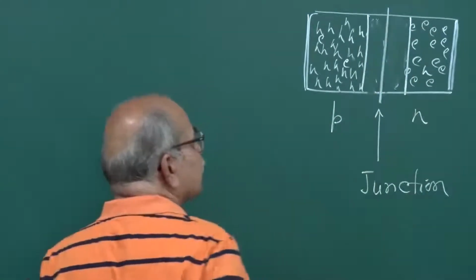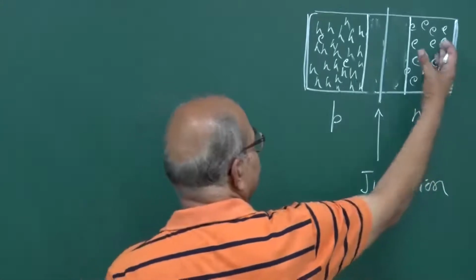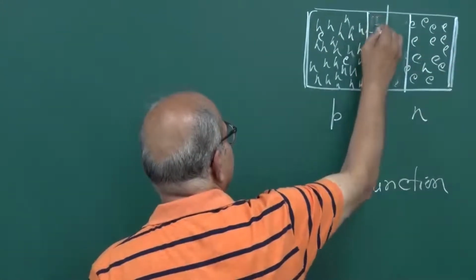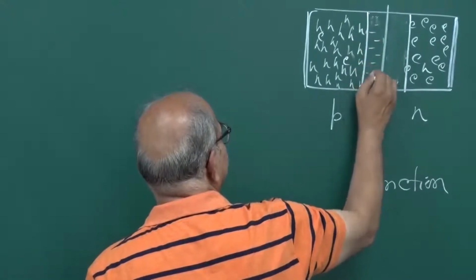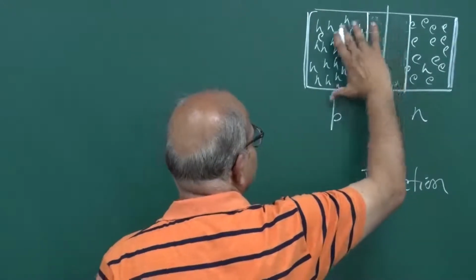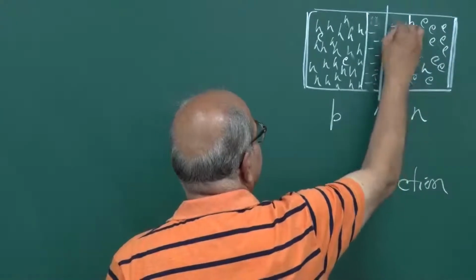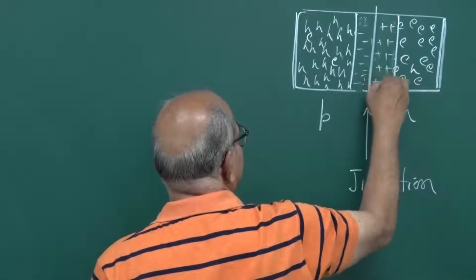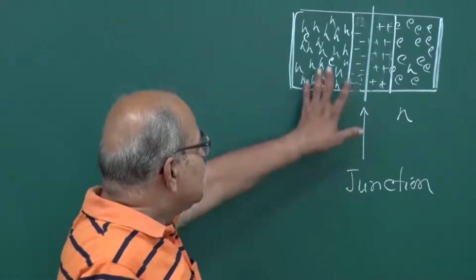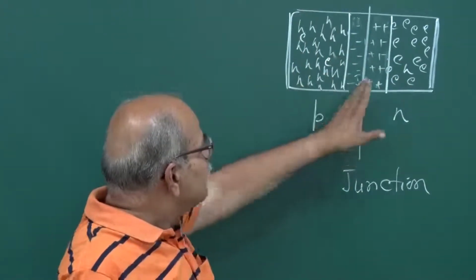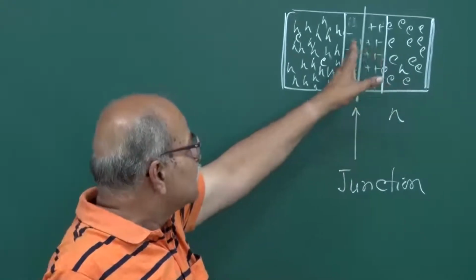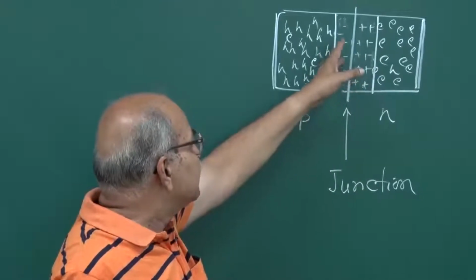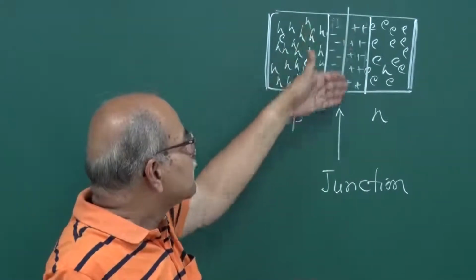But then the charge density is there. Since these electrons are going to this side, and everything was neutral, you get negative charges here, and then these holes which are going to this side create this positive charge here, right? So initially everything was neutral, and then you bring some electrons from this side, you shift some holes from this side, both of them will create negative charge here and positive charge here.